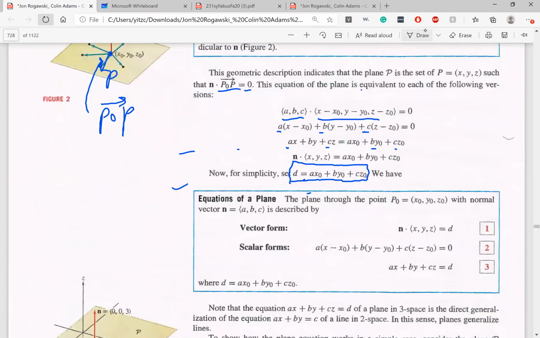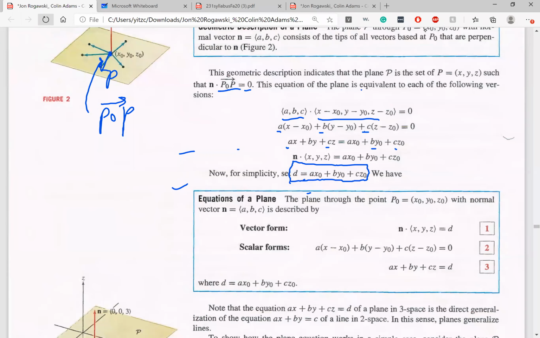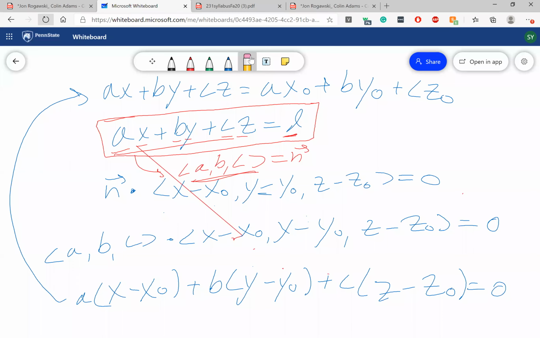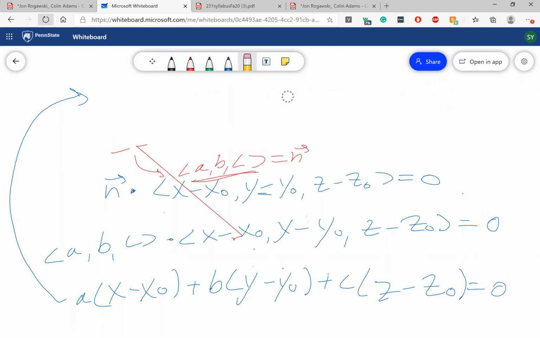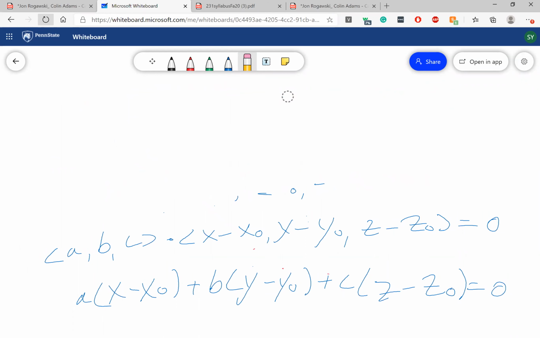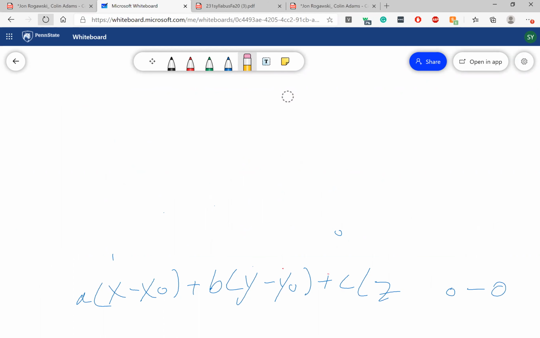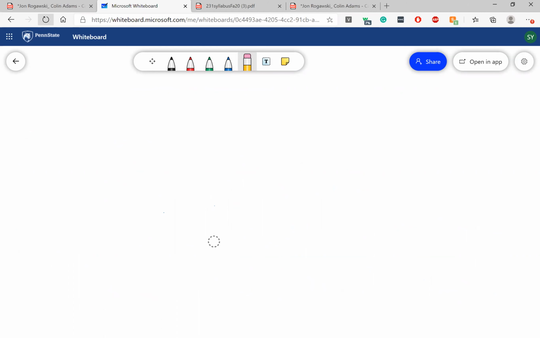So, like I said, in general, if I were to give you a plane with a normal vector, and the normal vector is going to be the vector 3, 1, 0, if I just gave you this vector, there would be no way for you to figure out the specific plane, because there are many planes that have this specific normal vector.